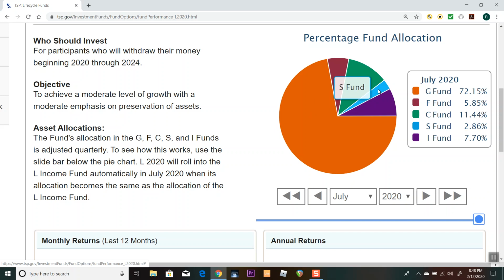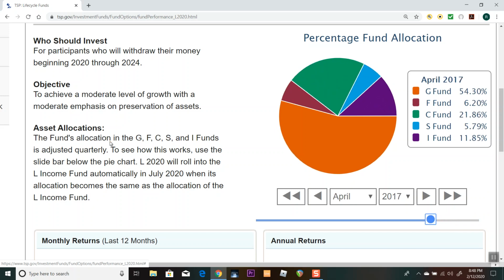And the Dow Jones is more volatile, so therefore the S fund is more volatile. That would explain why, because this fund wants to achieve a moderate level of growth and moderate preservation of assets, this light blue S fund portion is very small and gets smaller and smaller over time.